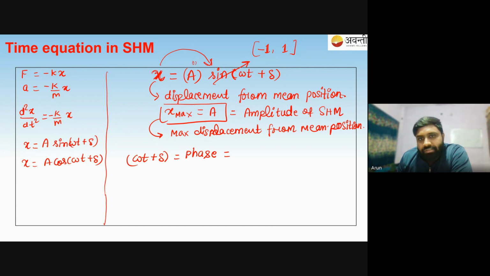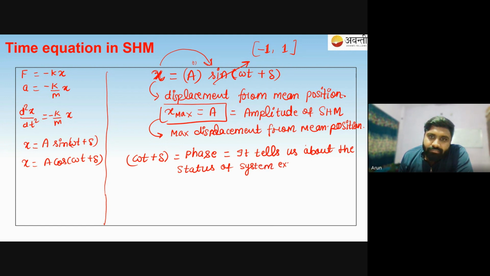Phase tells us about the status of the system executing SHM. So that system which is going in a to and fro kind of motion, which is executing SHM, this omega t plus delta tells us about the status of that particular system.